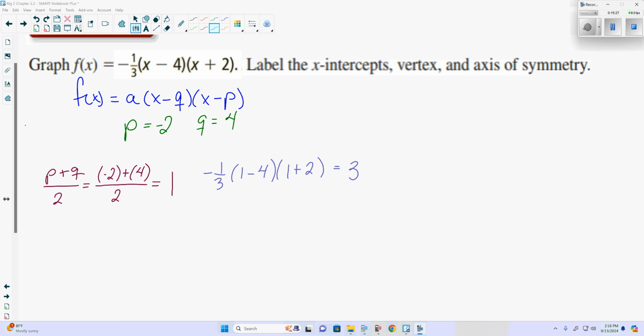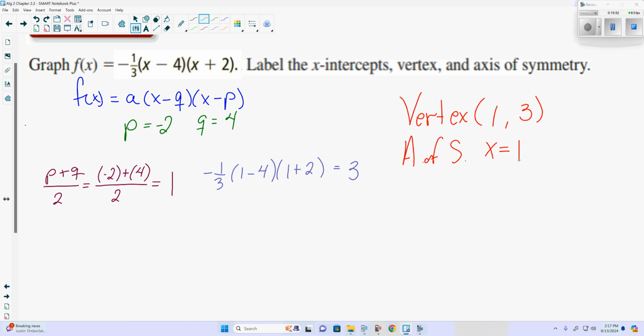Questions on how we got any of this so far? Vertex is our (p plus q) over 2, which we found to be 1. f of (p plus q) over 2 is 3, so the vertex is 1, 3. Our axis of symmetry, x is equal to 1.